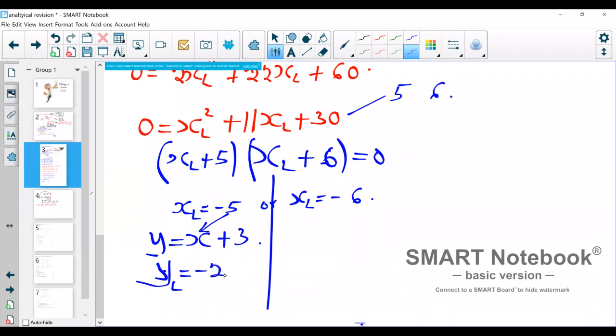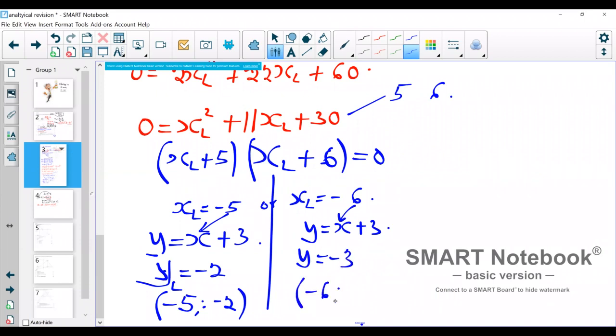So the coordinate here would either be -5 and -2, or another possible option, remember Y is equal to X plus 3, 3 minus 6 will be -3. So my possible value again is -6 and -3.